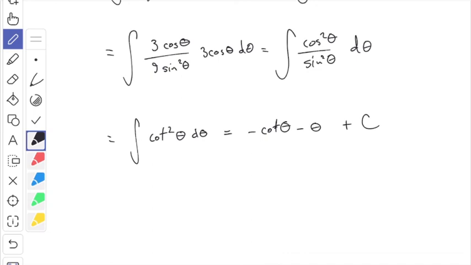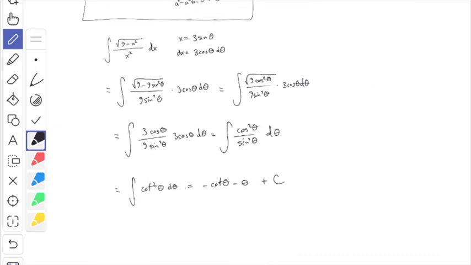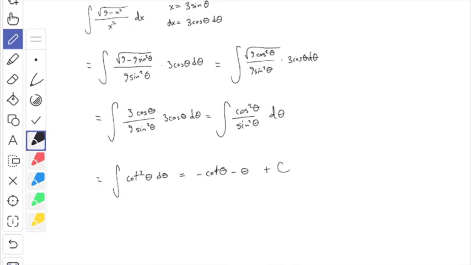All right. Now, we're almost done with this one, but not quite. Why not? Because I have thetas here. I would like to express my answer in terms of x, right? The original variable was x. This is a little tricky in this kind of problem.